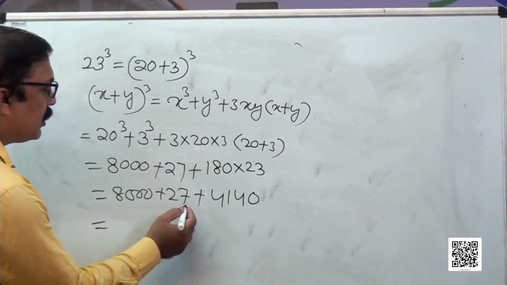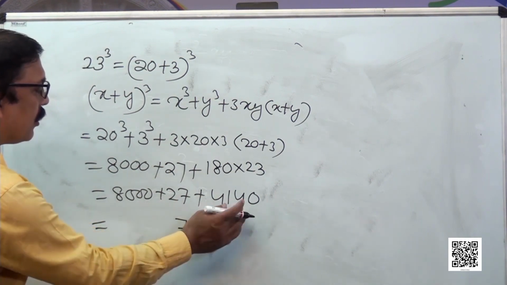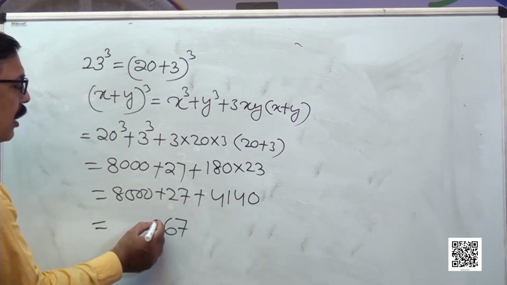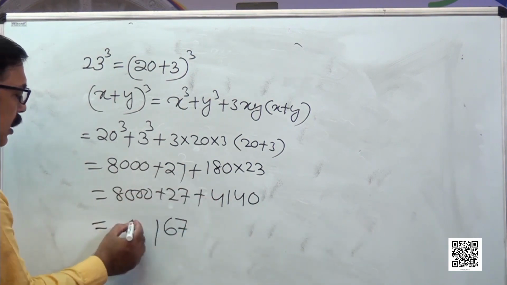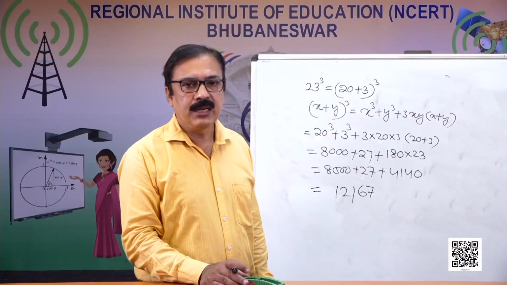Then this gives 7. 4 plus 2, 6. 1. Then 4 plus 8, 12. 1, 2, 1, 6, 7. This is the cube of 23.